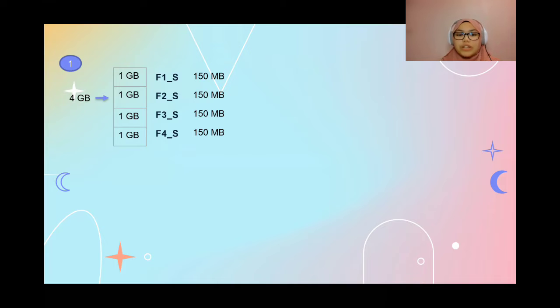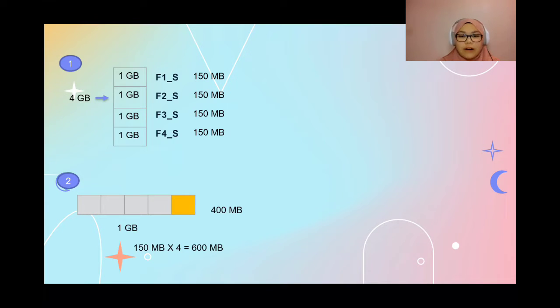For each chunk file, 150 megabytes will be loaded. Therefore, in the 1 GB RAM, there will be 400 megabytes of free space. After each chunk fills the 1 GB RAM by 100 megabytes, multiplied by 4, it equals 600 megabytes.